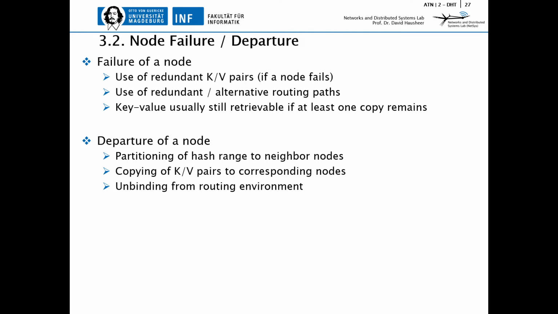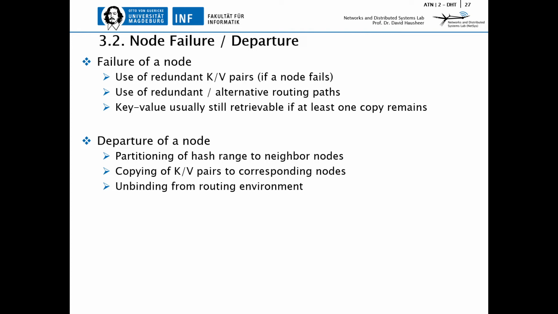In this case, it is not possible to copy the key value pairs before the nodes are actually leaving, because failures, as is in their nature, happen very suddenly. And so in this case, only redundant key value pairs can actually help to keep these key value pairs available.